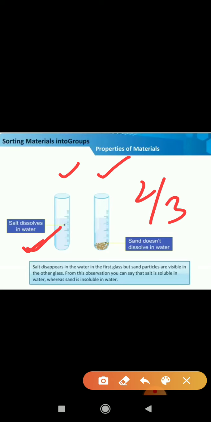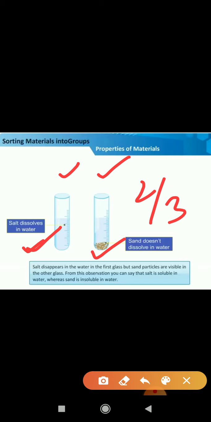So with the help of this state of matter, we can easily understand the soluble or insoluble properties of material. So you can observe here, two beakers were taken. In them, 2/3 water is filled. In this beaker, salt is dissolved, and in this beaker sand is used.